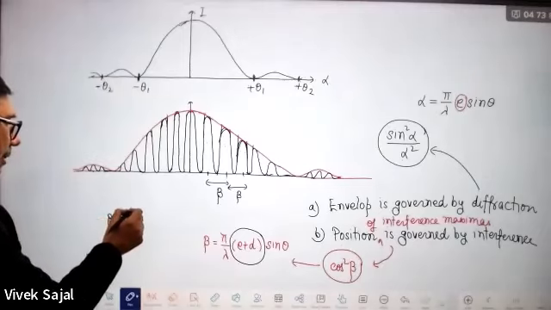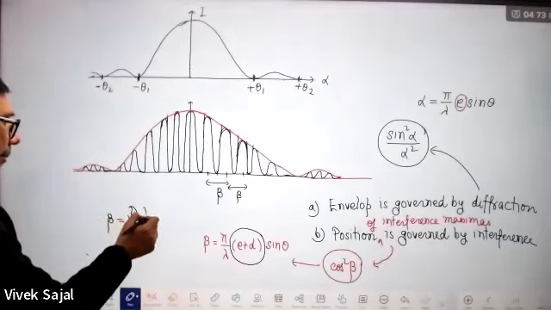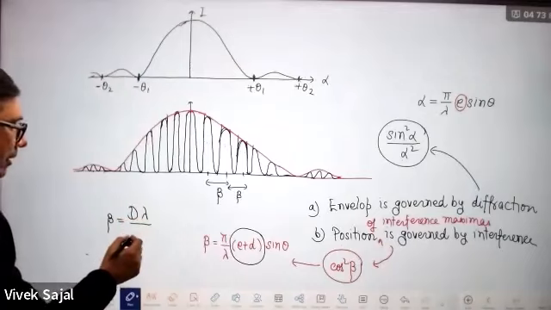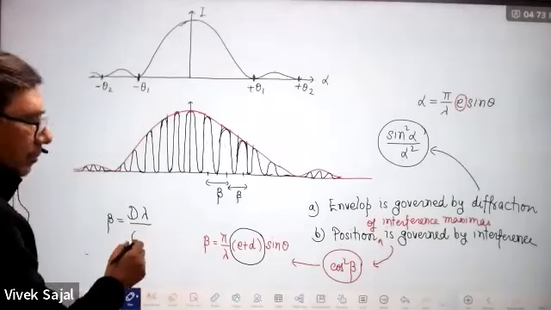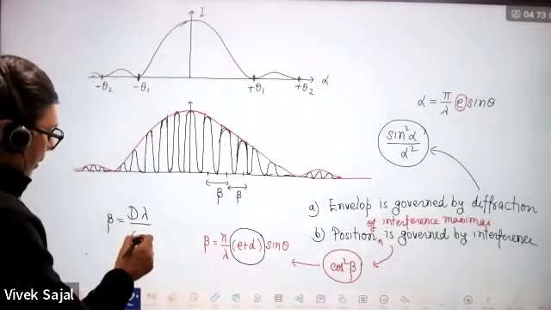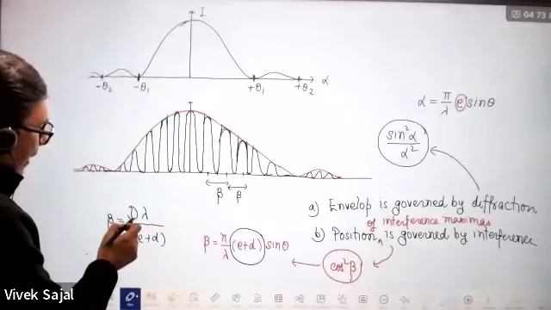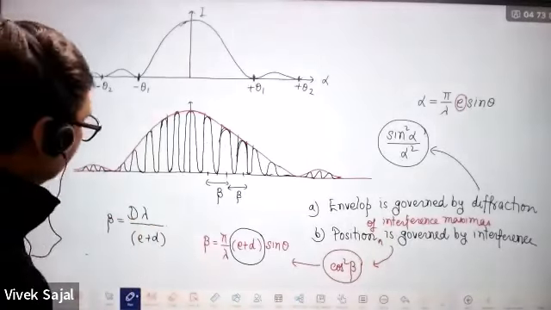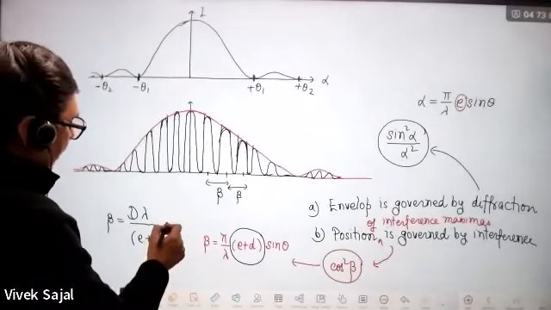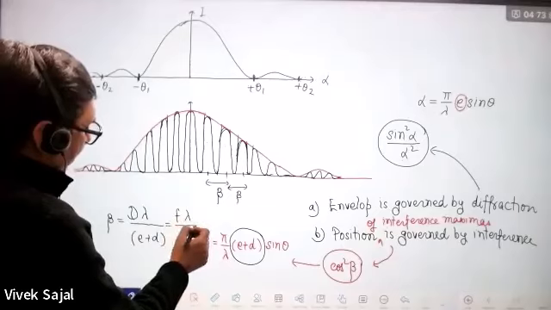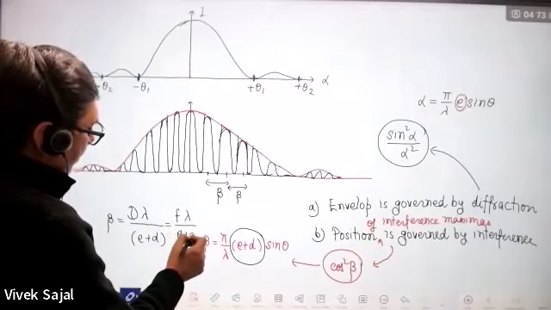Beta was capital D lambda upon small d, where small d was the separation between two slits. So here it will be e plus d. This will be beta here. And capital D will be equal to the focal length. So you can write it as f lambda upon e plus d.